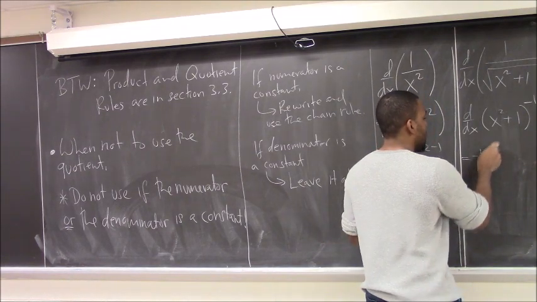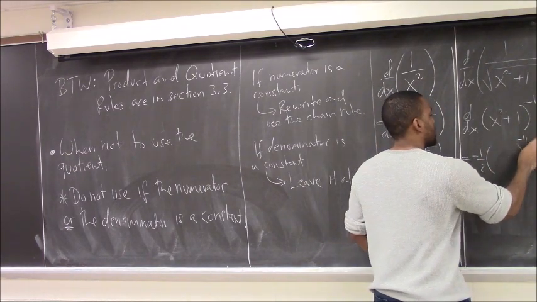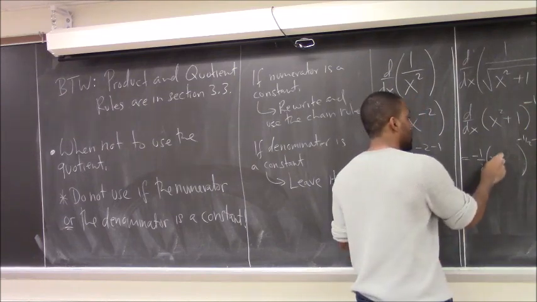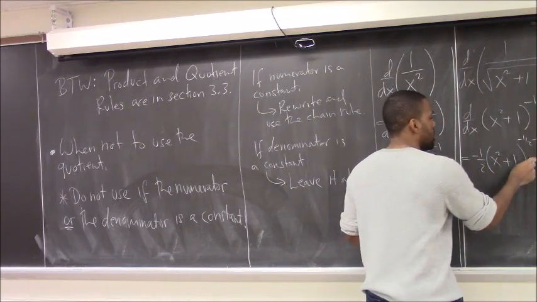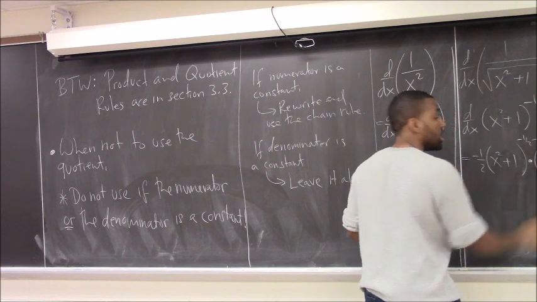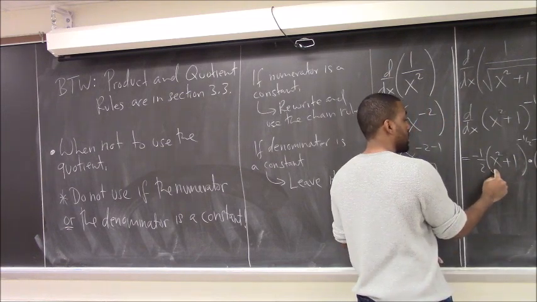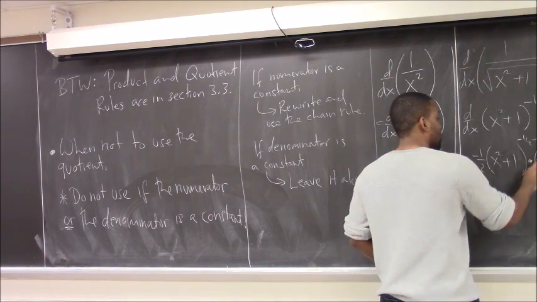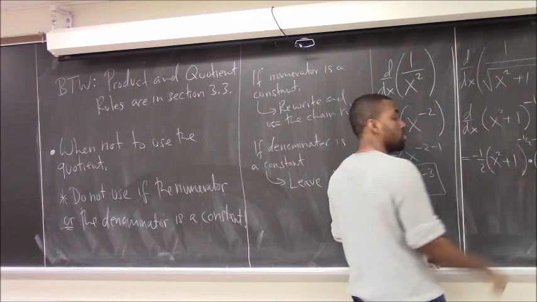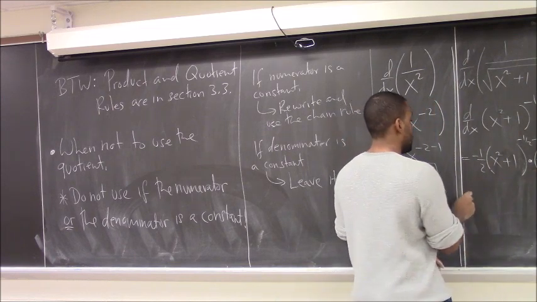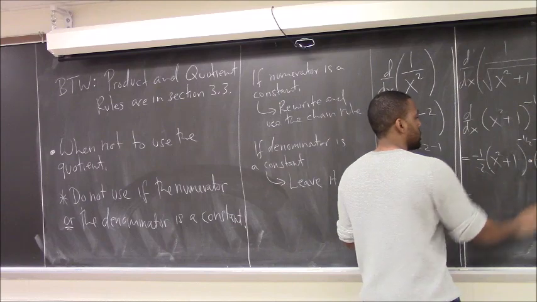So you differentiate the outside, leave the inside alone. Then you multiply by the derivative of the inside. Derivative of x squared plus 1, derivative of x squared is 2x. Derivative of 1 is 0. So the 2's can cancel.